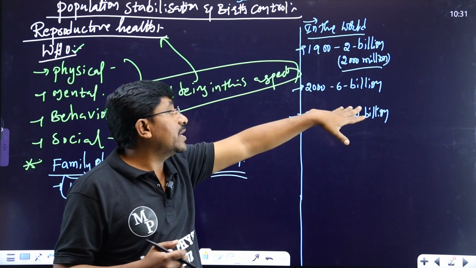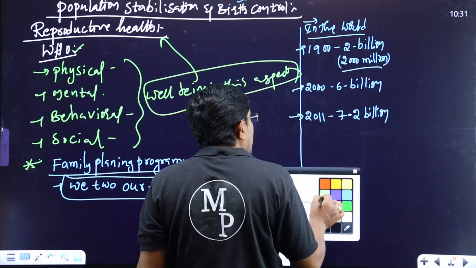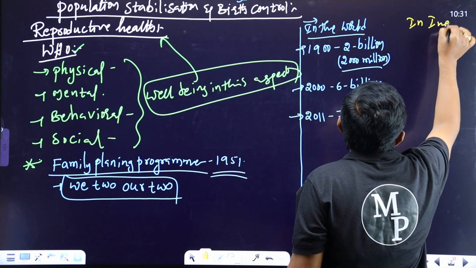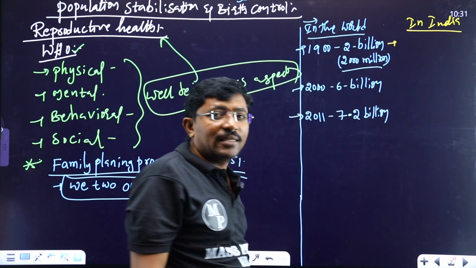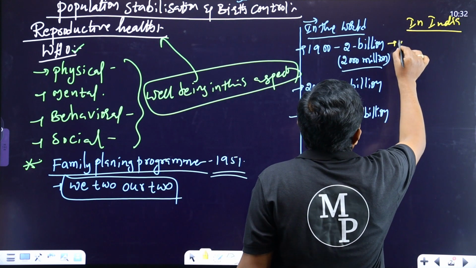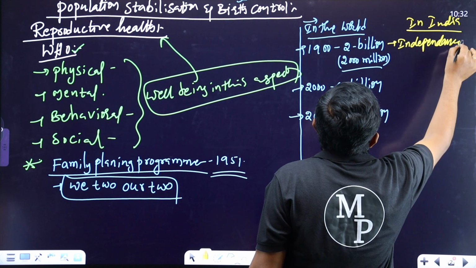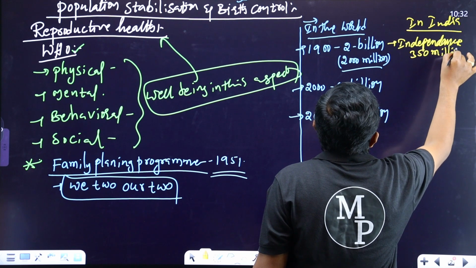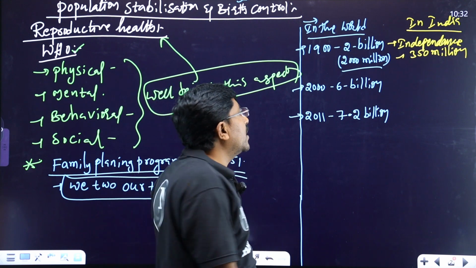Then after that, what is the reason for the increase in the population growth rate? This much I'll explain. Next, when we compare this with the Indian population, in India at the time of independence, approximately 1947, there were 350 million population.